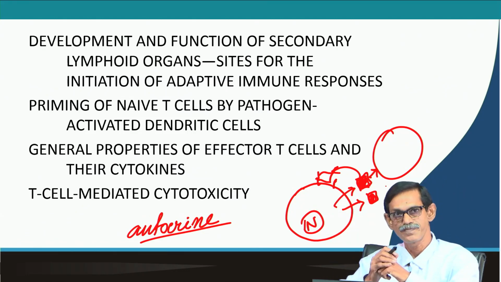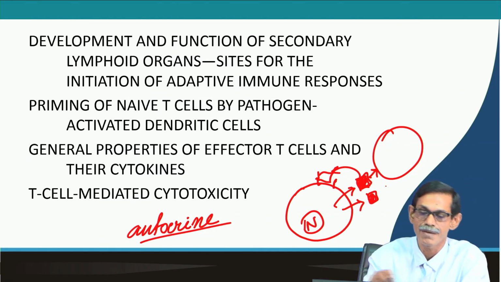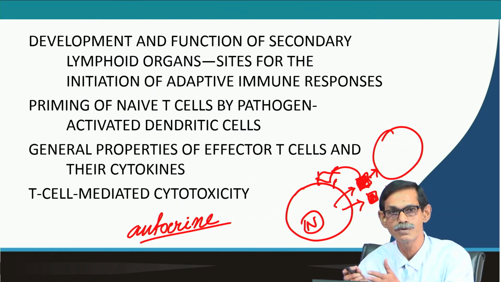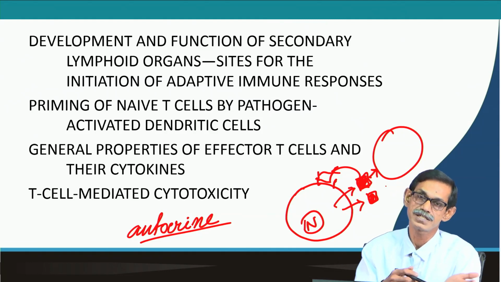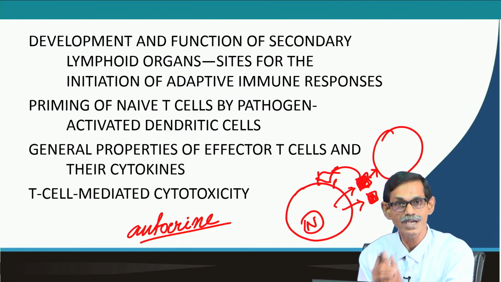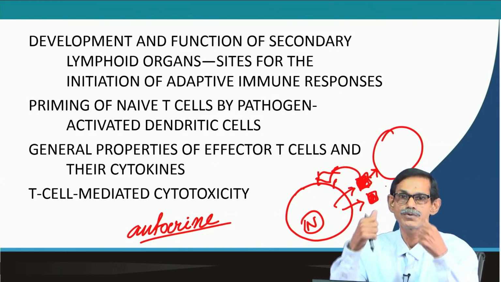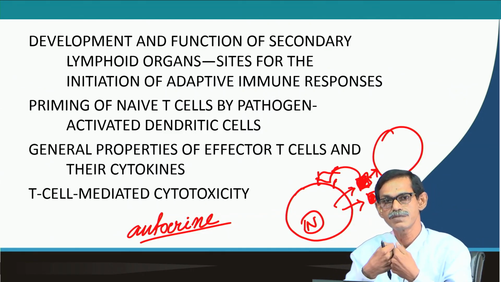Autocrine is self, paracrine is neighboring cells, and endocrine is the hormone which is released into the blood and works in a distant place. Most of the time, the effector T cell function, what it will do, how it will do it, and their location, is decided mostly by cytokines. A lot of chemokines are also involved to attract them, and also protein or cell interaction. These three are the communication between cells.